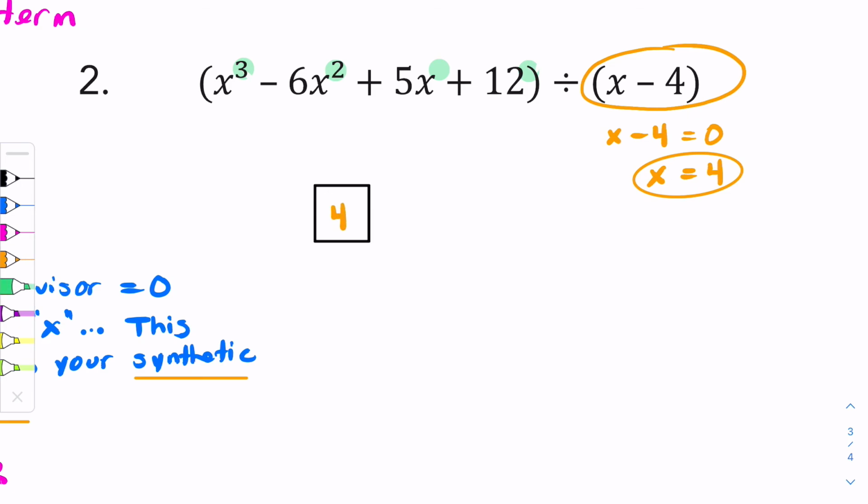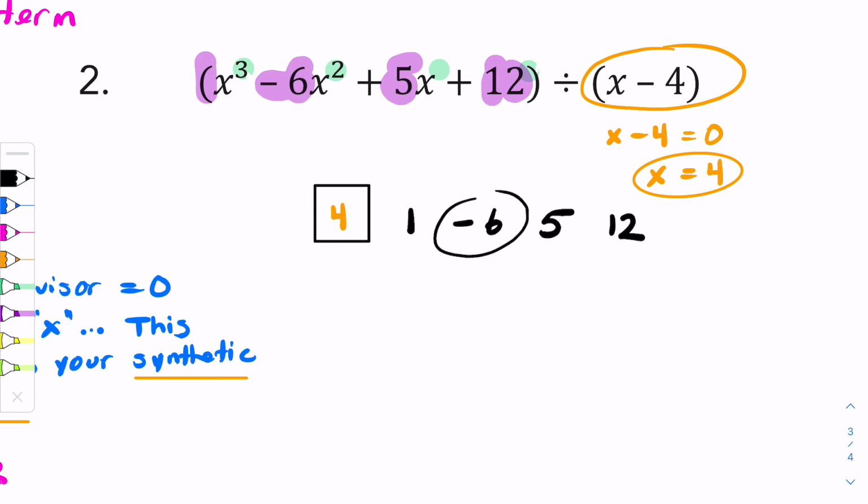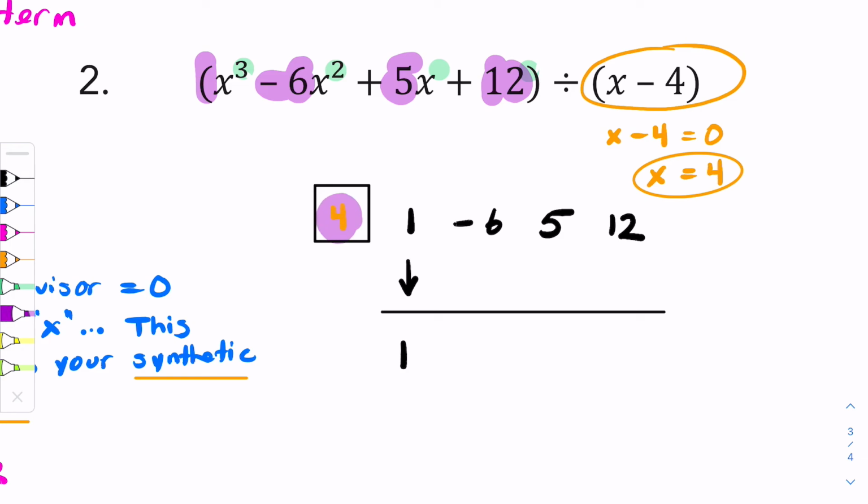Then you bring down your coefficients. So we have a coefficient of 1, negative 6, positive 5, 12. Don't forget to bring your signs with each term, so if it's a positive or a negative. Bring down the 1. We add inside, we multiply outside. We have 1 times 4. 1 times 4 is 4.